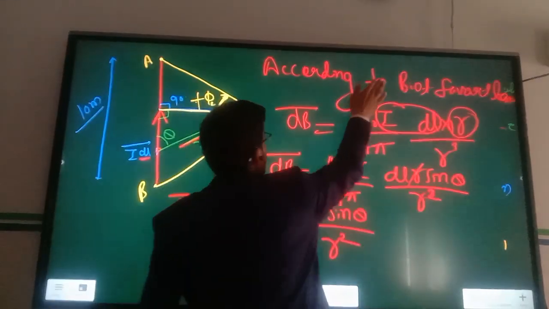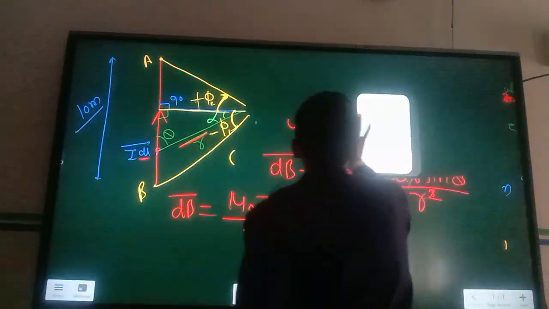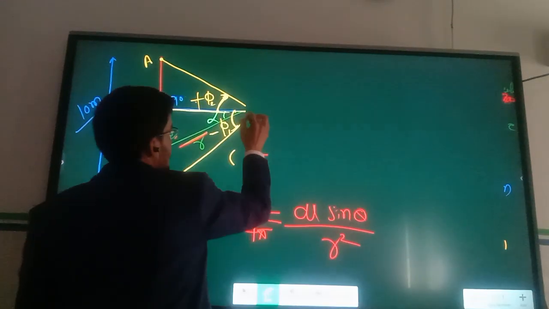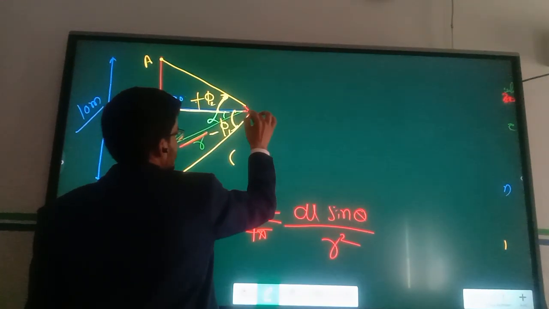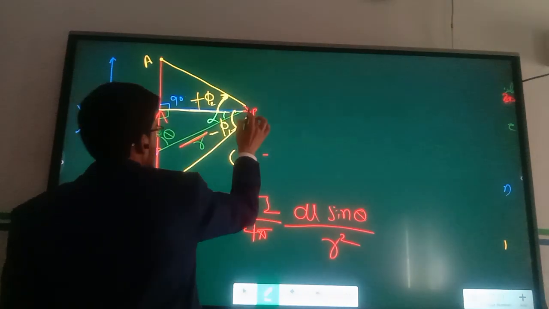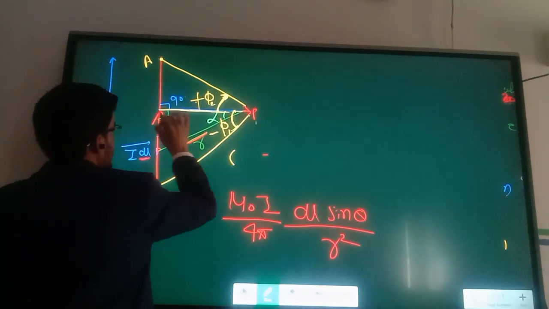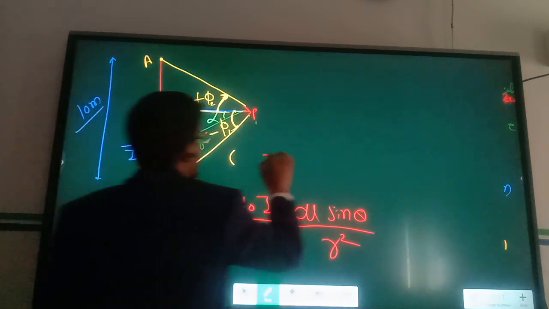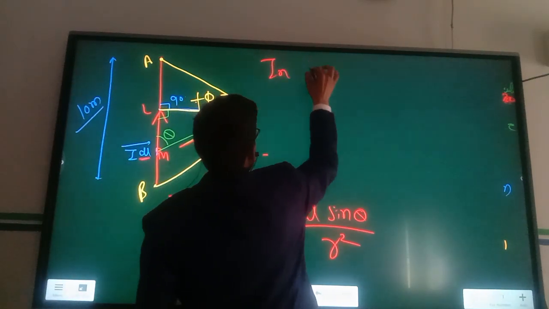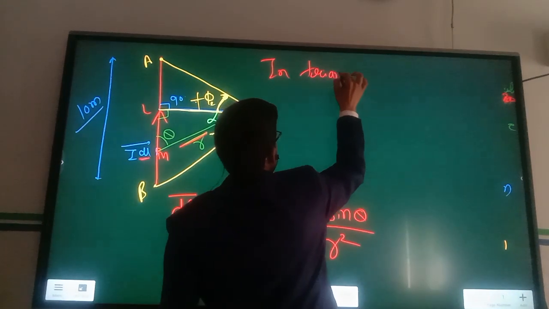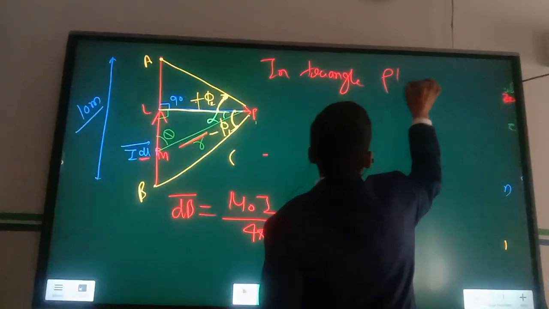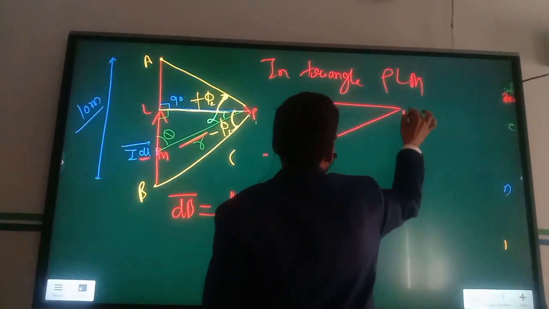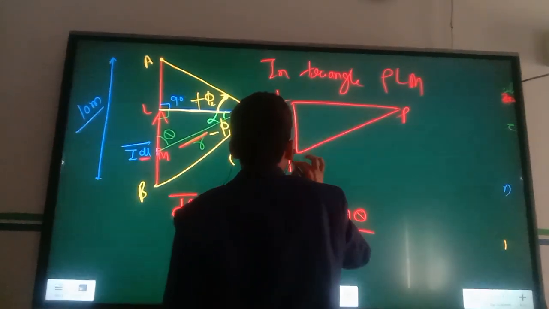Okay, now further, in this figure is point P. In this triangle, suppose this is L and this is M. So in triangle PLM, this is basically P, this is basically L and this is M.